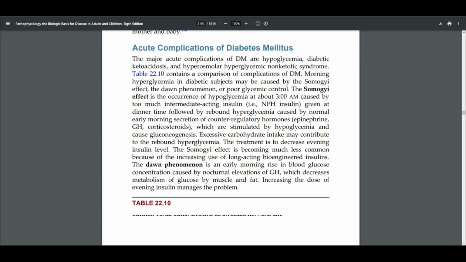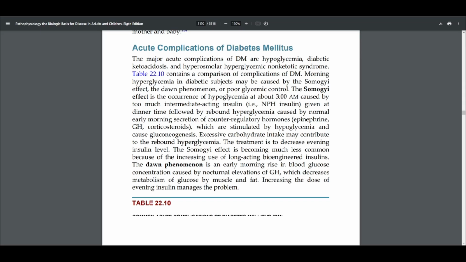Excessive carb intake may contribute to the rebound hyperglycemia. The treatment is to decrease evening insulin levels.